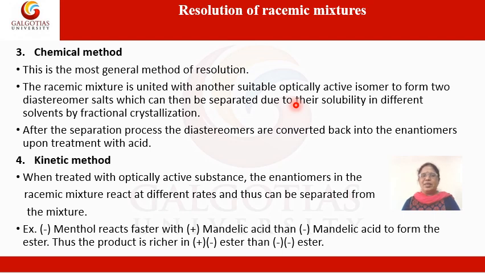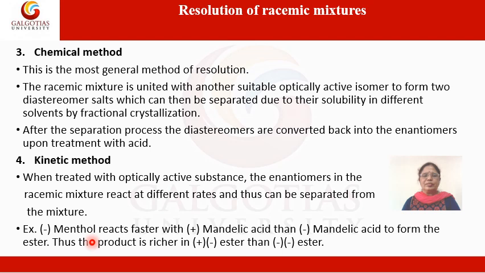So, after the separation process, we have converted our optical isomers into diastereomer form. Once the separation is completed, we can convert the diastereomer back into its enantiomer by suitable treatment with acid.